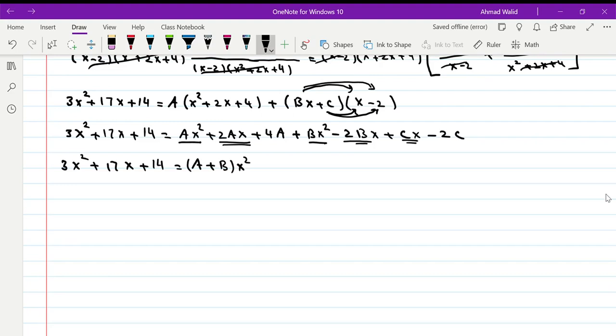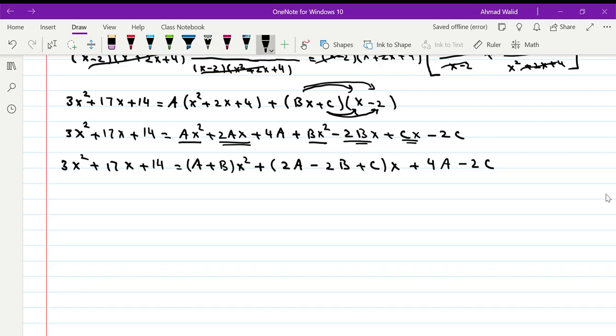Then I will write this way, plus 2a minus 2b plus c and x. Then my constant plus 4a minus 2c.